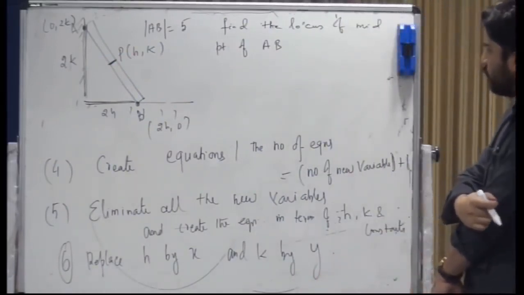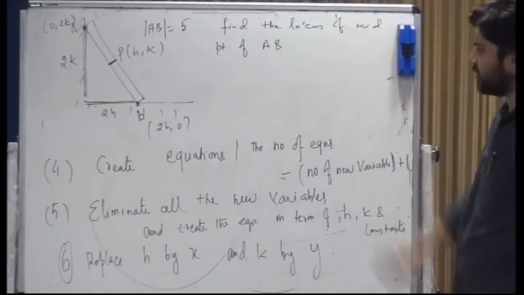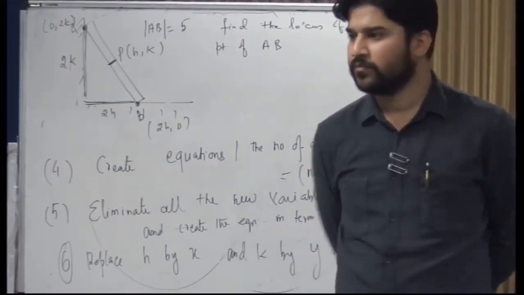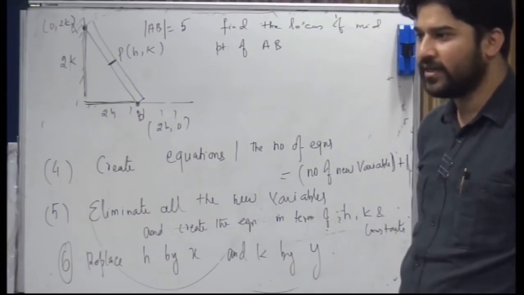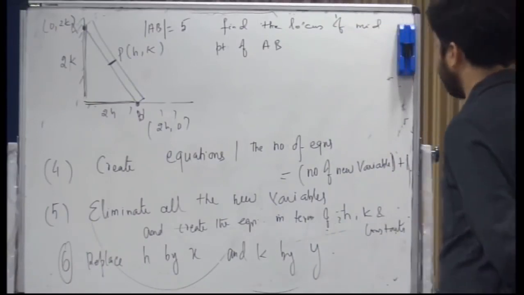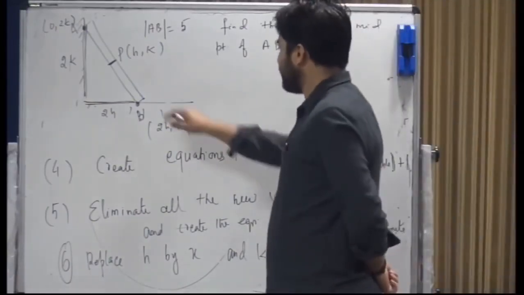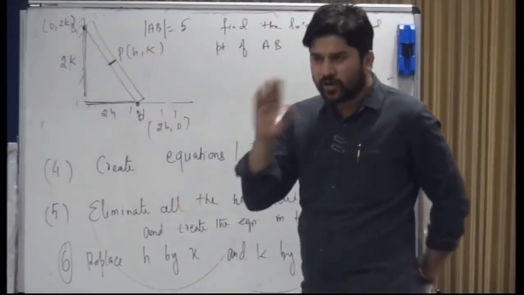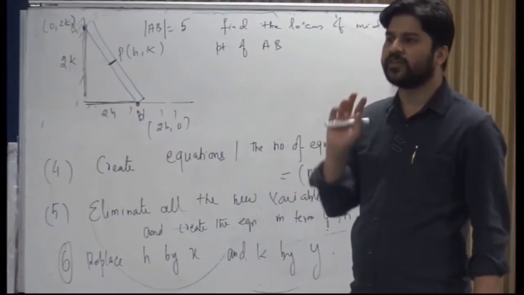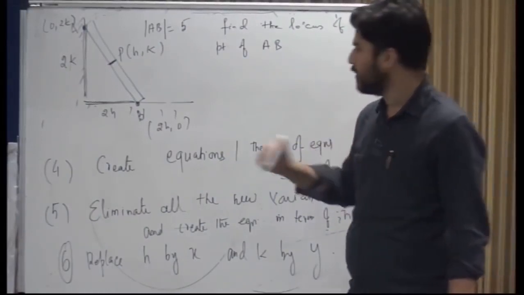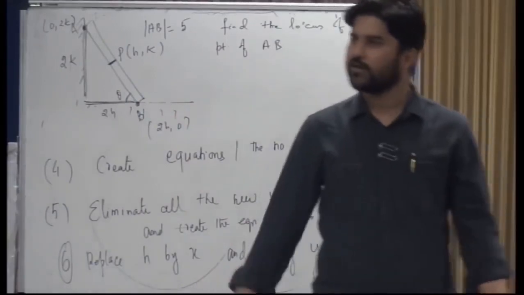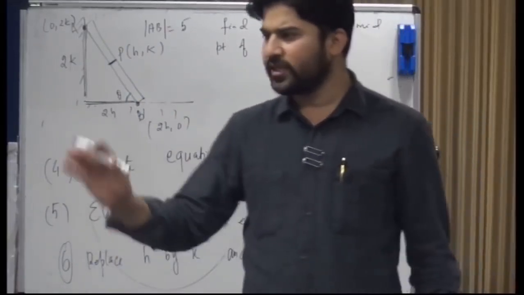Should I introduce a new variable or is it sufficient? It is sufficient. Why? Because I can simply use the distance formula. Even if by mistake you introduce a new variable, let's say someone says, sir, let's call it theta, then also no harm. Both ways are right.